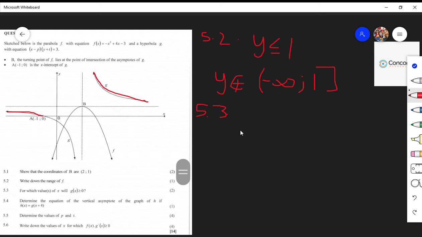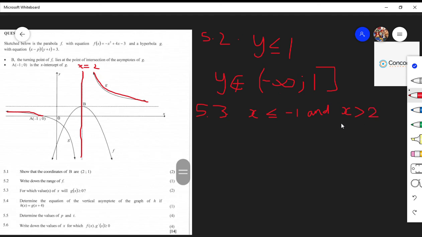We'll just say x less than or equal to -1, and we can say x greater than, and remember we calculated this line before in question 5.1. It was the turning point of B, and it had an x value of 2. So our answer is going to be x greater than 2.